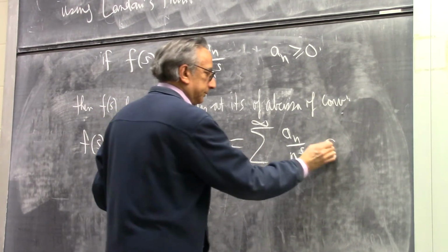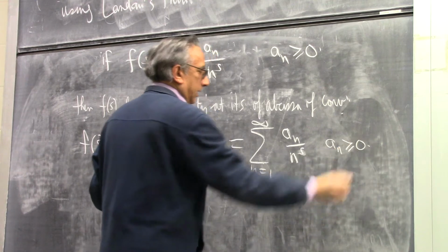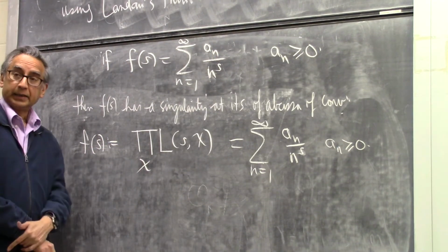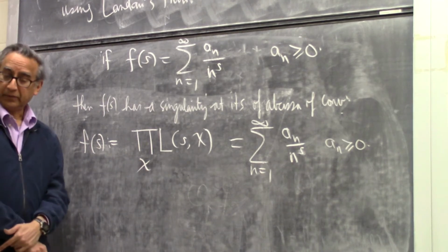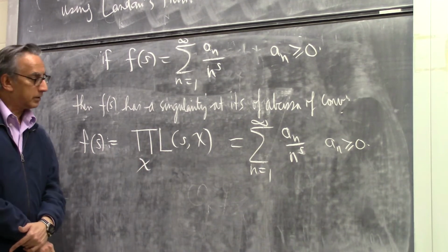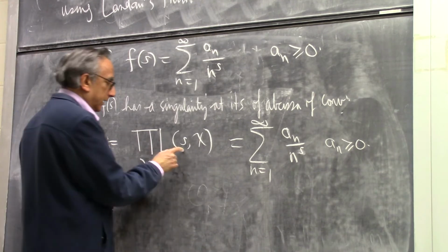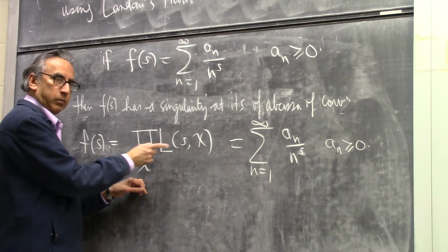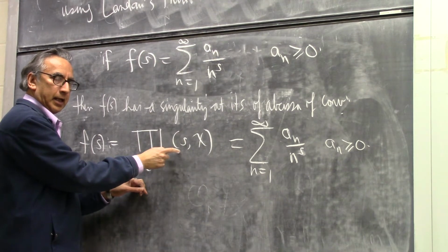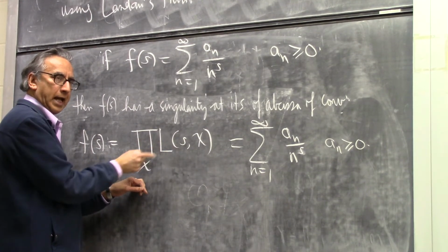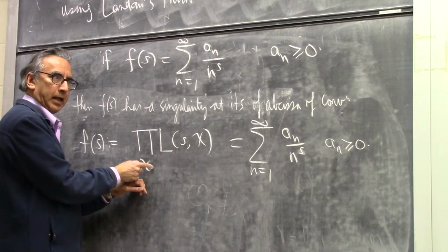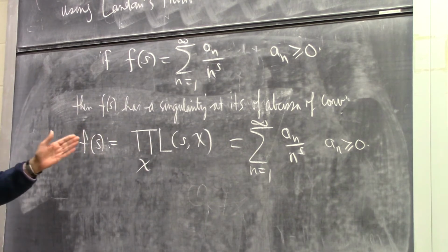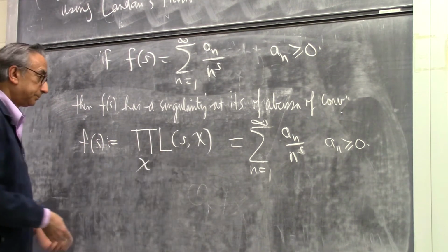The a_n are non-negative. And so Landau's theorem immediately tells you that this has a singularity at its abscissa of convergence. Now, if L(1, chi) were equal to 0, since for the trivial character there's a pole, that L(1, chi) being 0 cancels the pole, and we finish showing that there's only one problem point, s equals 1, therefore this is actually an entire function.